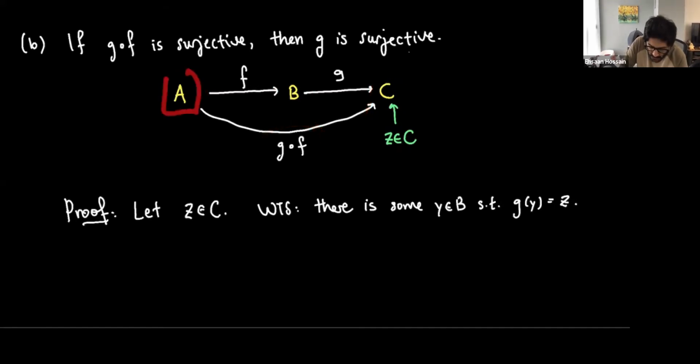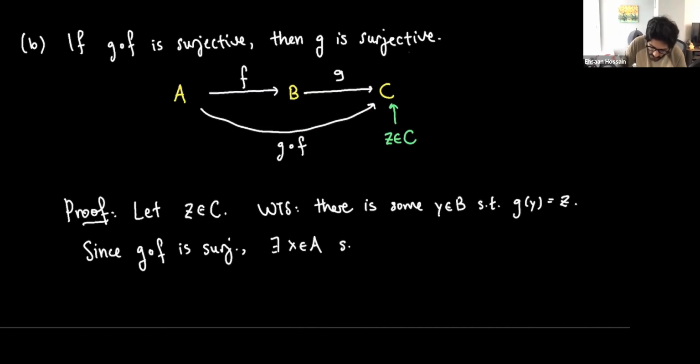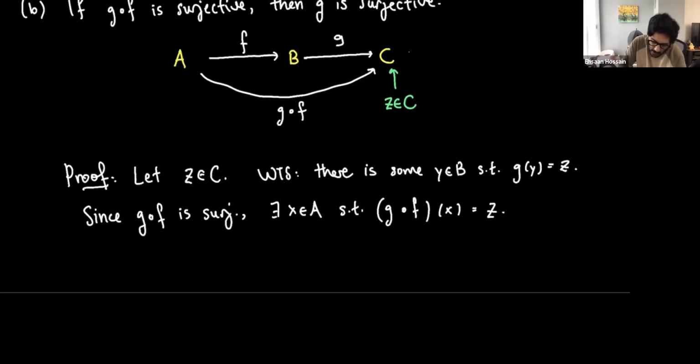So since G∘F is surjective, there exists some X in A such that X hits Z under G∘F. So G∘F of X should be Z. And if I just use the definition of G∘F, that's G(F(X)) equals Z.